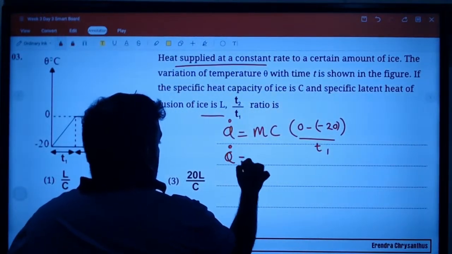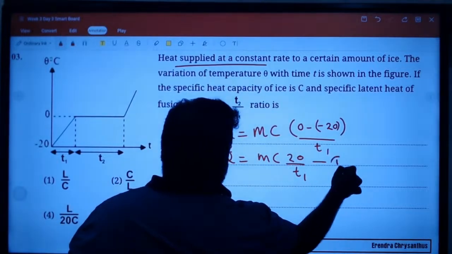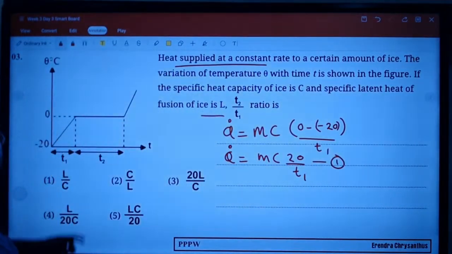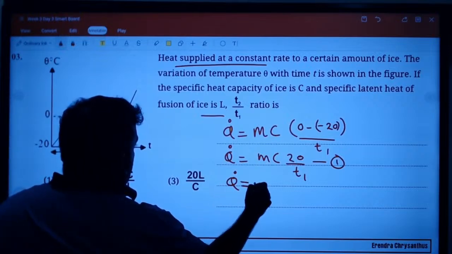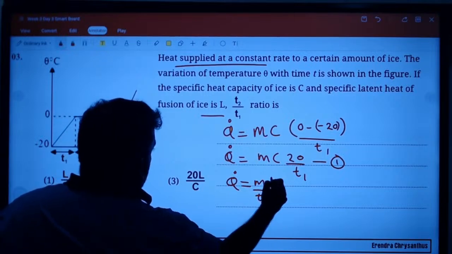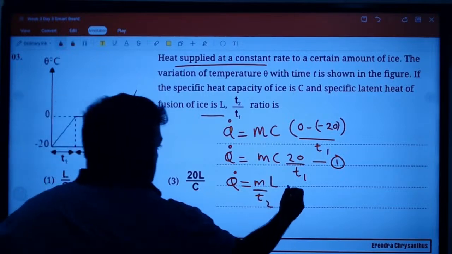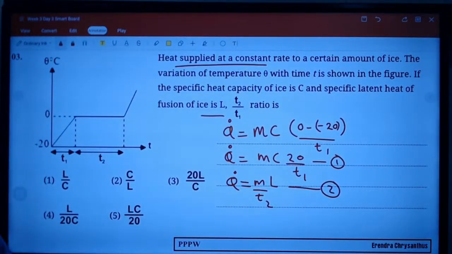Q dot is equal to MC 20 over T1, equation 1. Heat is supplied at a constant rate here also. Q dot is equal to M L over T2, equation 2. What can you say about equation 1 and 2?